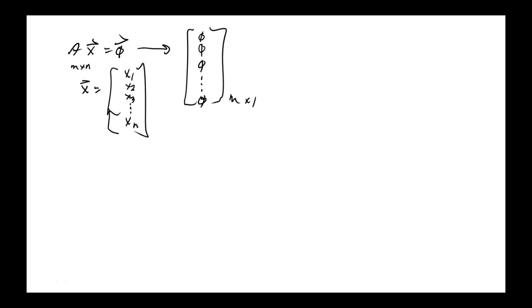The next theorem tells you that the set of all solutions of this homogeneous system is a subspace of Rn. We haven't gotten to the term yet. So here's the theorem. I'll write it down.